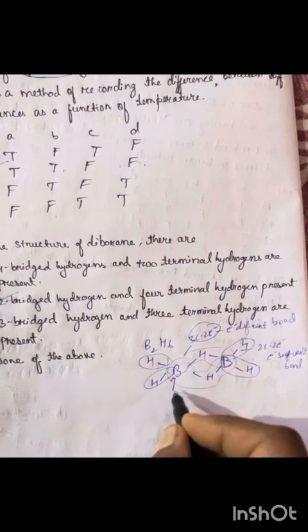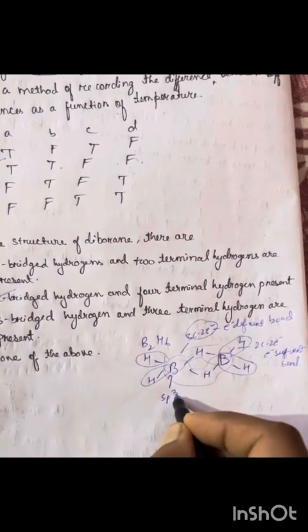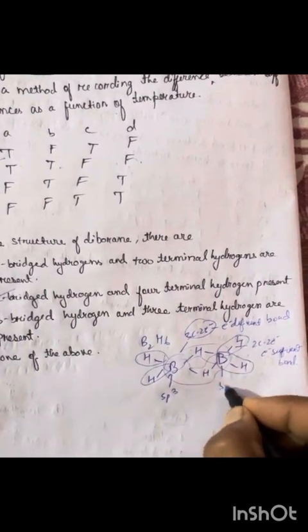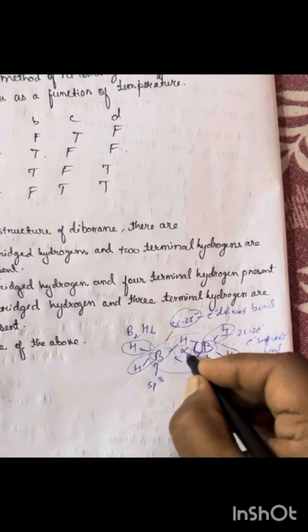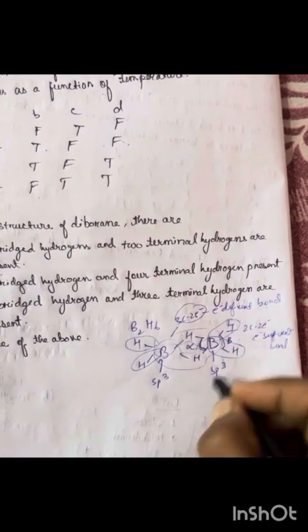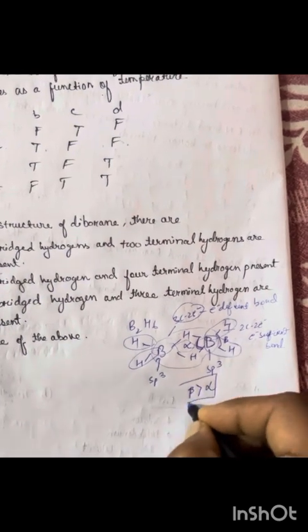Now what you have to know is that boron is sp3 hybridized. Suppose this angle is alpha and this angle is beta, then you should know the angle beta is greater than angle alpha. This is also important.